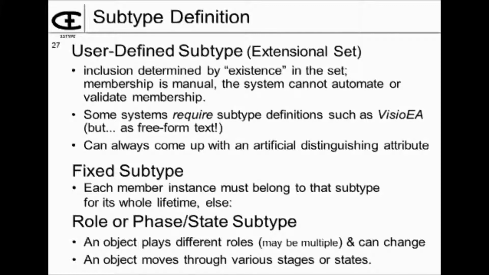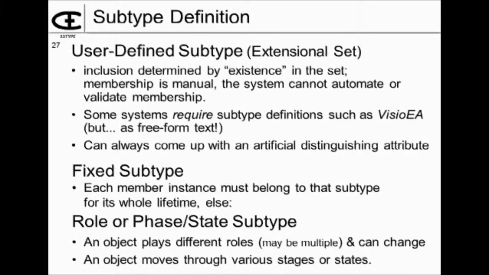We can say the attribute could be which subtype you are in, and then have that relationship be the basis for membership. There could be fixed subtypes, where once you belong to a subtype, you will always be in that subtype forever. That's the same as the fixed constraint that we talked about in the ER modeling. Or we could have role or phase and state subtypes. An object plays different roles, and those roles can change. It moves through various stages or states.